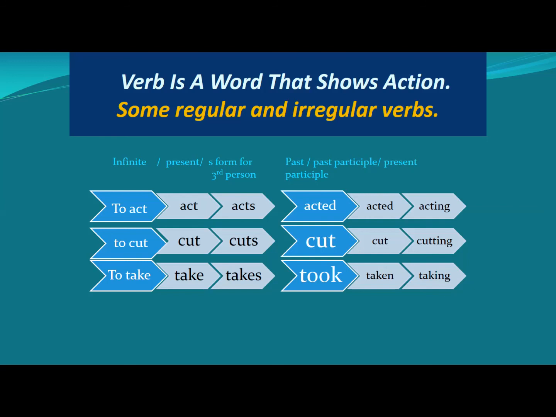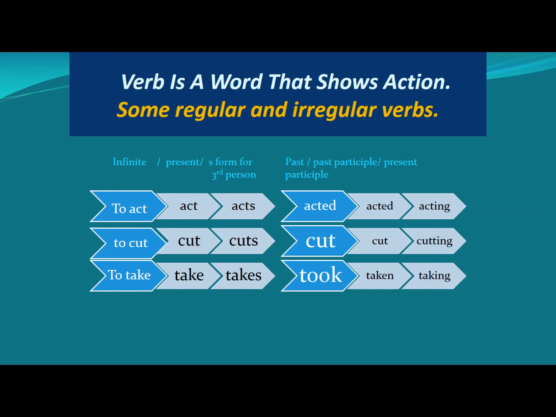So again, another example of a verb is to cut, but it is an irregular verb which we use the same in all tenses: present indefinite and past indefinite.